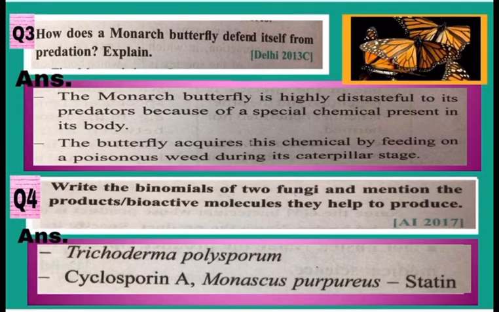It is used as an immunosuppressive agent in organ transplant patients. The second fungus is Monascus purpureus, which produces statins, and they are used as blood cholesterol lowering agents.